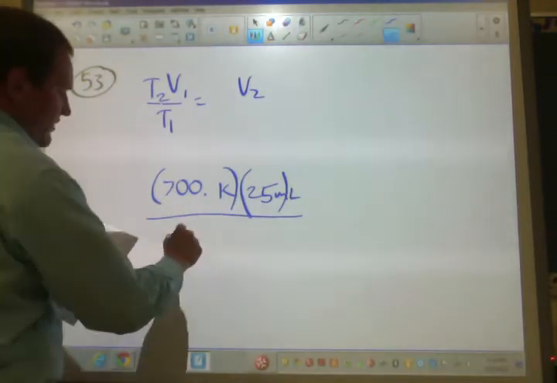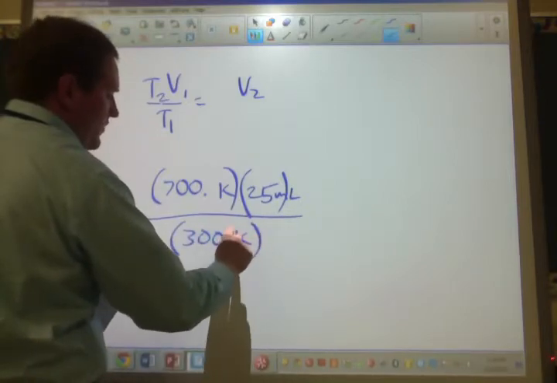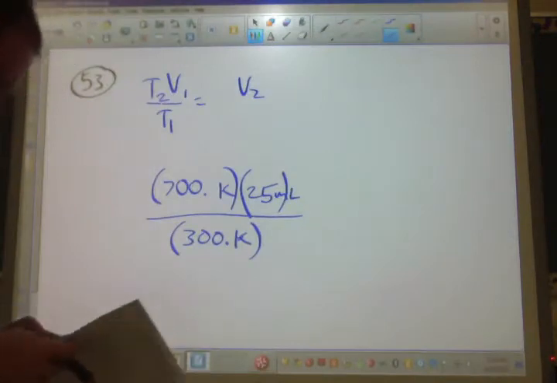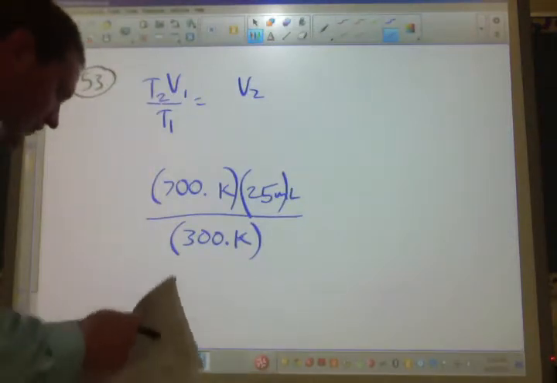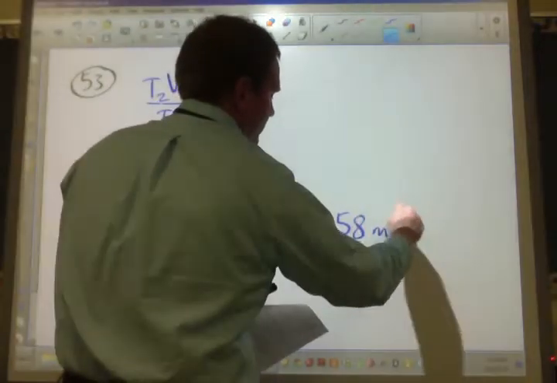And then 27 degrees Celsius is going to give me 300 Kelvin. There we go. Do the math. 700 over 300 times 25 gives me, with two sig figs, 58 milliliters.